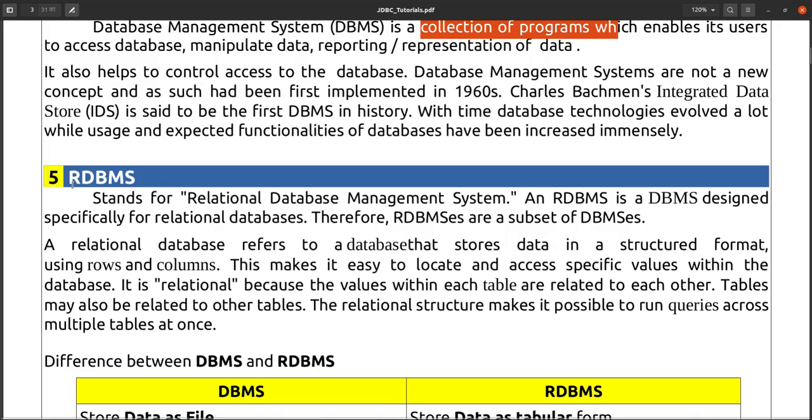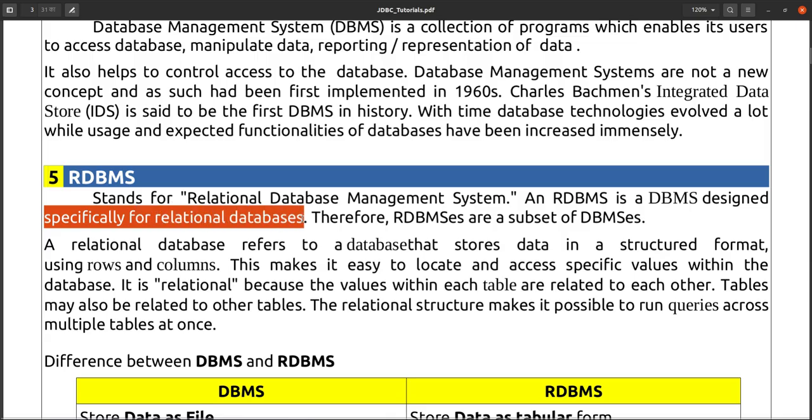Next one is RDBMS, relational database management system. What is the meaning of relational database management system? A relational database management system is designed specifically for a relational database. What is a relational database? A relational database is the data that is stored in the form of tables, and the tables may have a relationship or may not have a relationship.